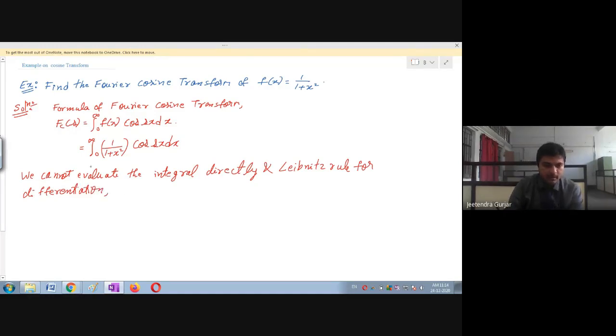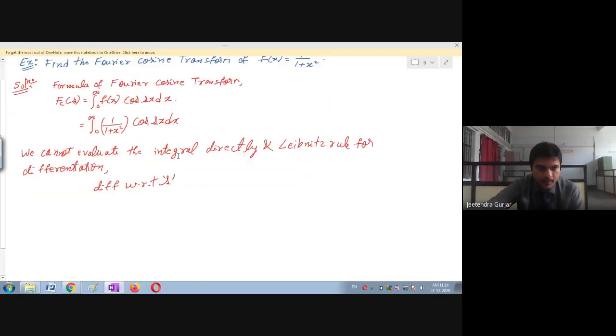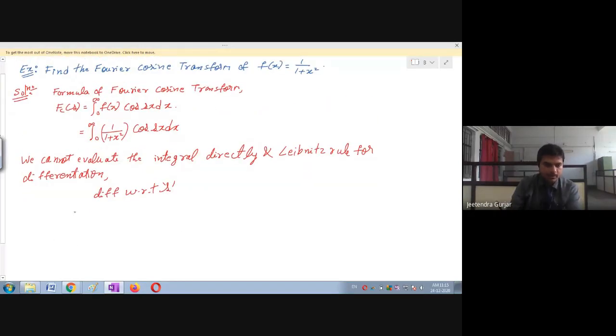Now we are going to differentiate this with respect to s. So wherever s is there, we are going to differentiate it. So I'm going to write here d by ds of F c of s.